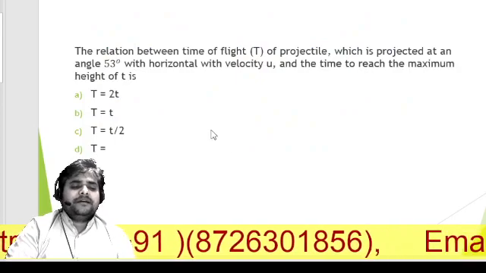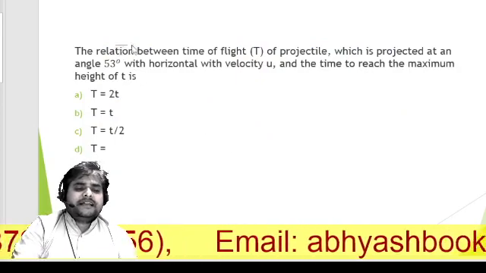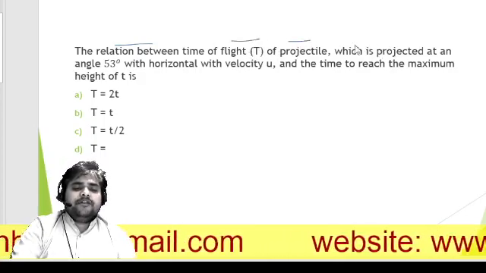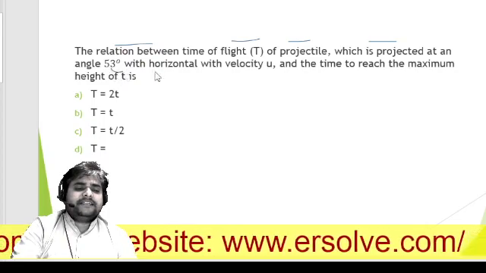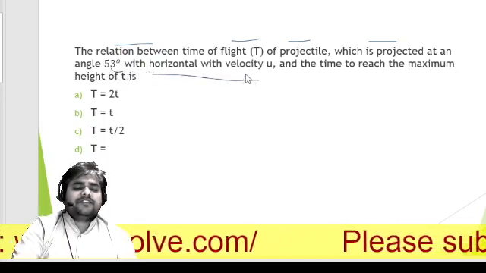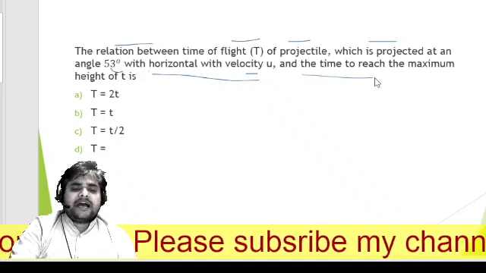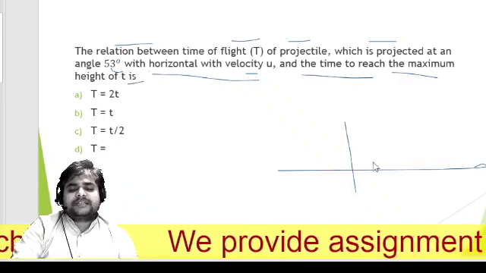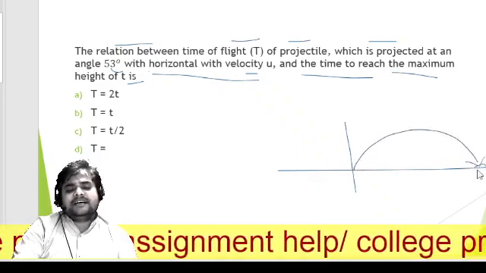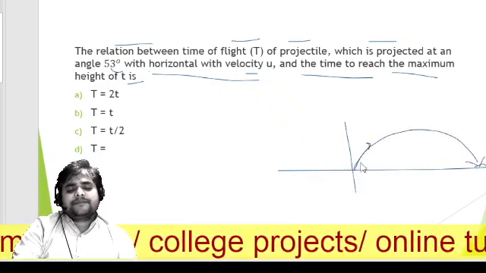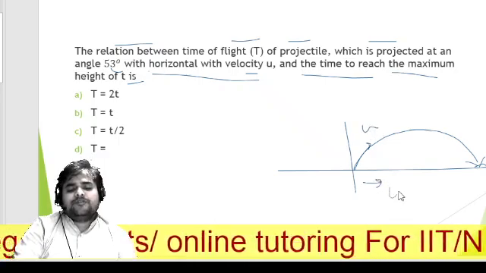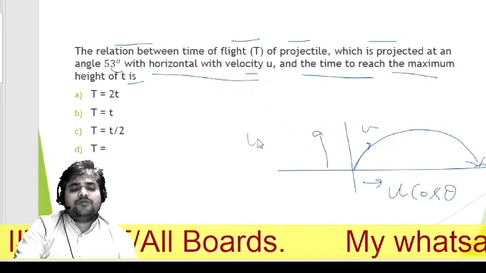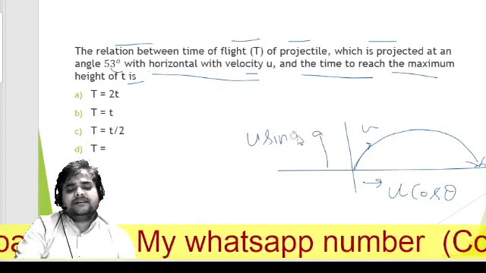Let's solve an example. The question says: find the relation between time of flight T of a projectile which is projected at an angle 53 degree with horizontal with velocity u, and the time to reach the maximum height. When the object is projected at a certain angle theta, the component of velocity along the x axis is u cos theta, and along the y axis is u sin theta.